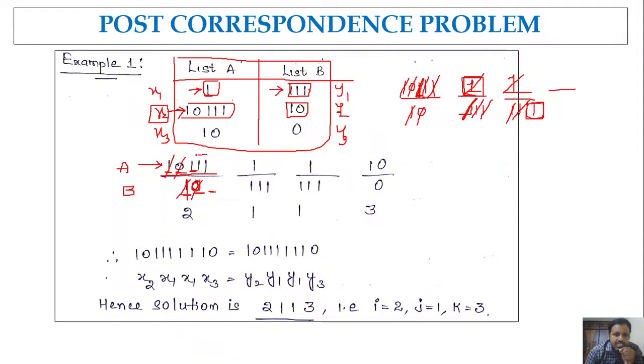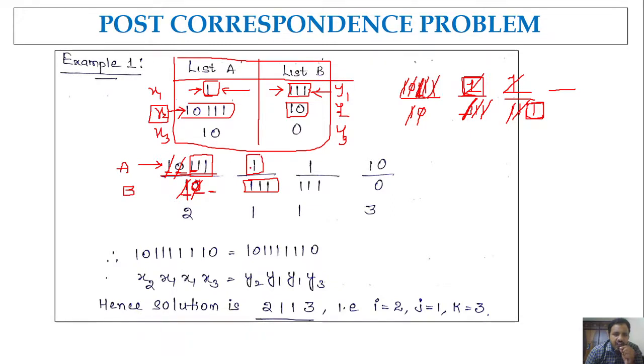Next we got 3 extra 1s in A. So when you select the next string, in the denominator part we must have 3 ones. The pattern with 3 ones in list B belongs to y1. So we have to select y1 in the denominator part, and as it is y1, we must select x1 in the numerator part, so that will give 1.